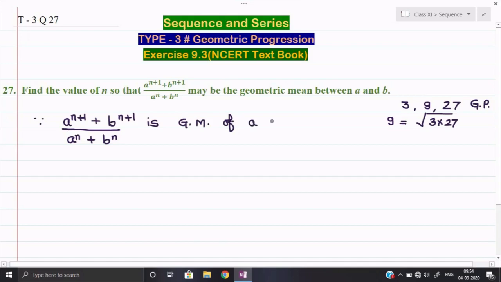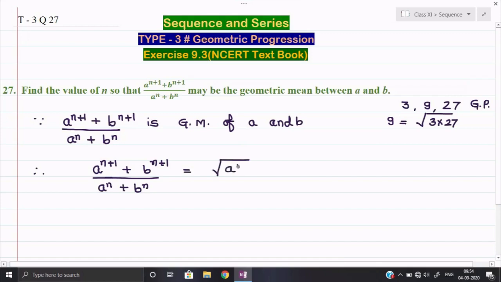of a and b, therefore we can say that (a^(n+1) + b^(n+1)) divided by (a^n + b^n) is equal to the square root of ab.